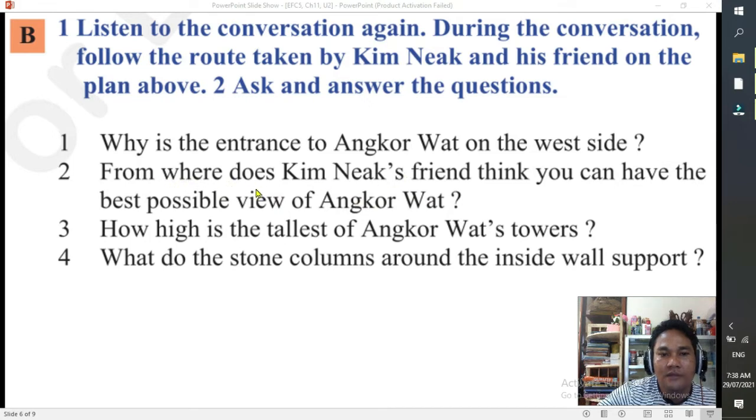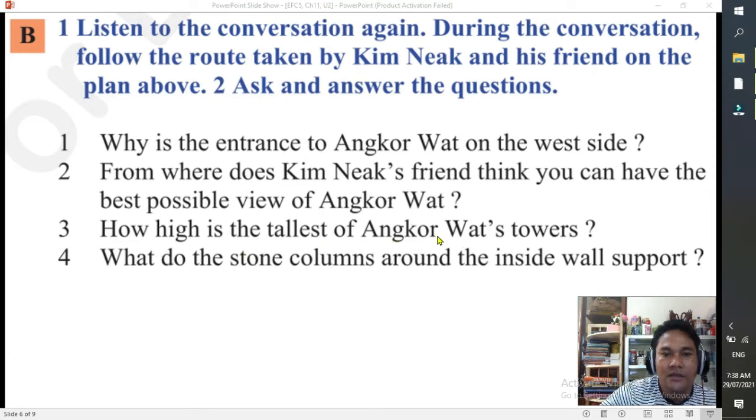How high is the tallest of Angkor Wat's towers?